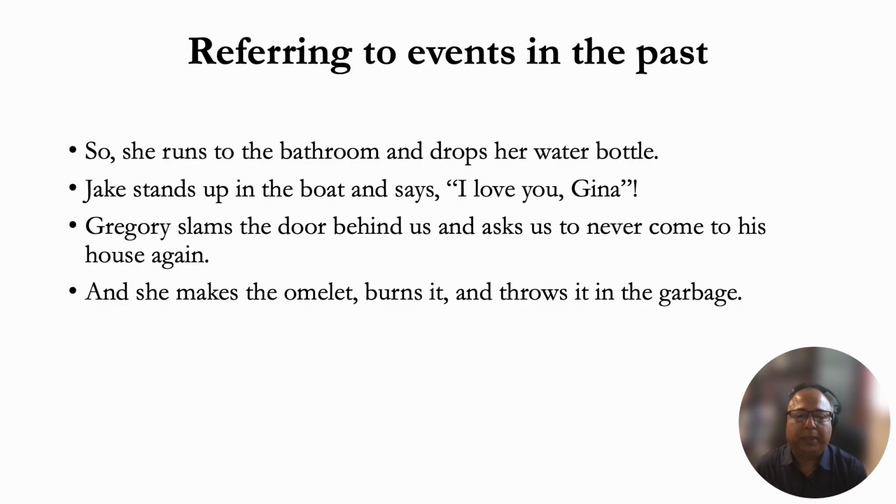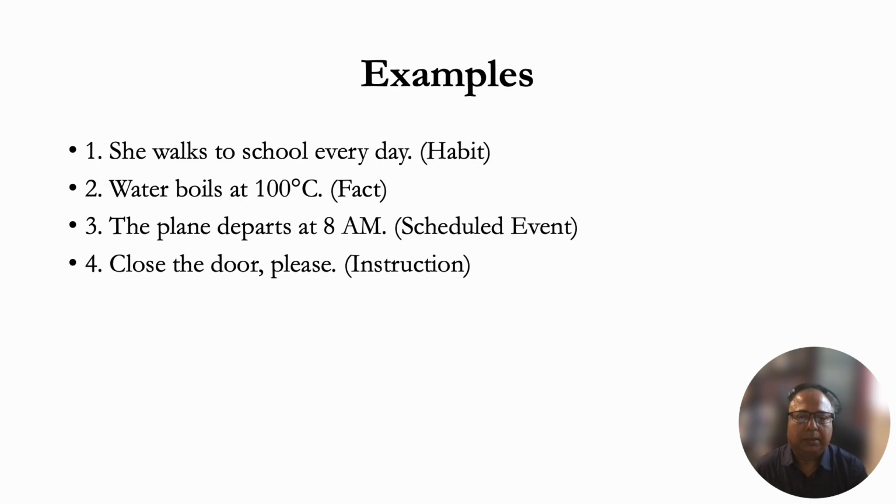It already happened, but the tense is simple present. Gregory slams the door behind us and asks us to never come to his house again. And she makes the omelet, burns it, and throws it in the garbage. These are all events that happened in the past, but the speaker uses the simple present tense to refer to them.